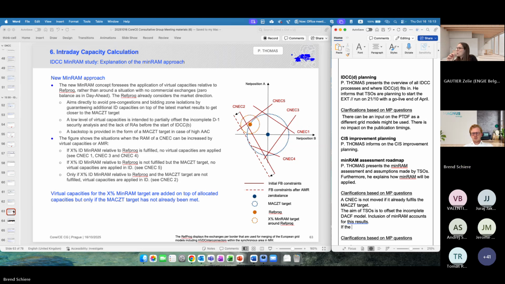Yeah. But all the CNECs are outside also, then you can have negative RAMs. Yes. But also, kind of a special situation. What it could occur, we have no experience with it. We will see it during our analysis. If you have 70% already in there, this would happen. Okay.